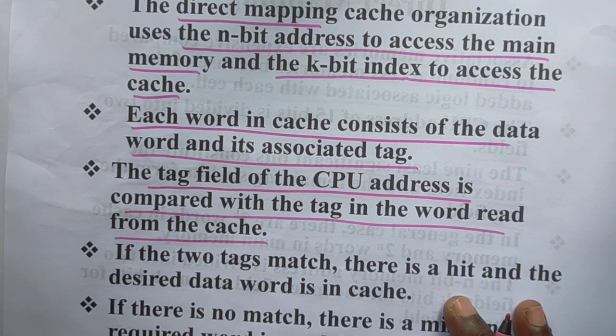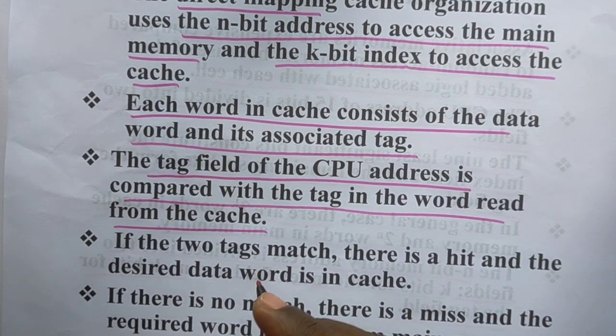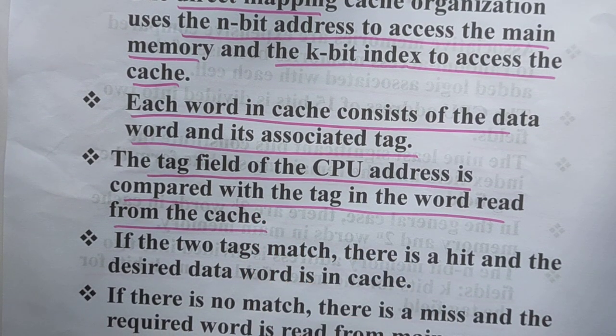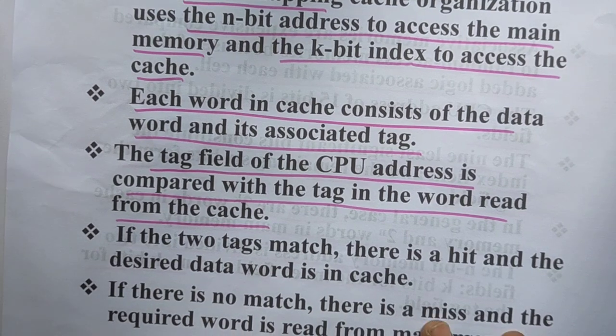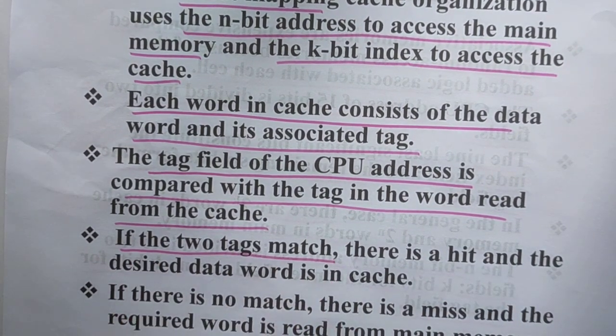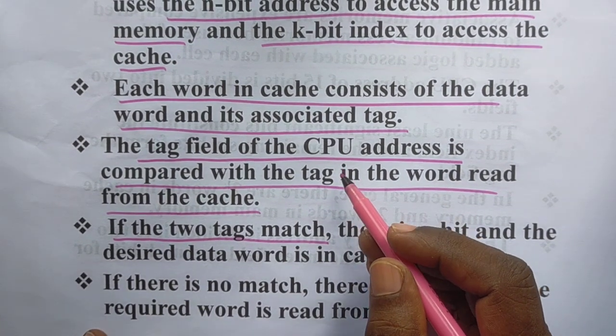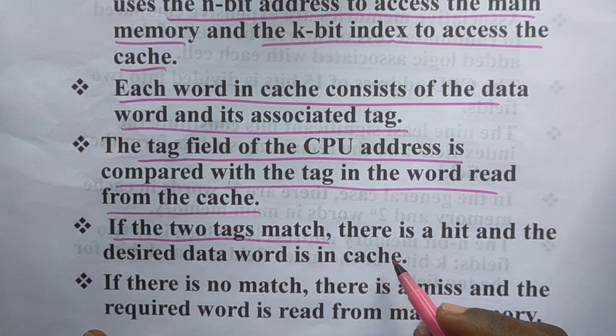It is very simple: the CPU address contains a tag field, which is compared with the tag field from cache. If both tags match, then it means a hit. If the tag from the CPU and the tag from the cache match, then what happens?